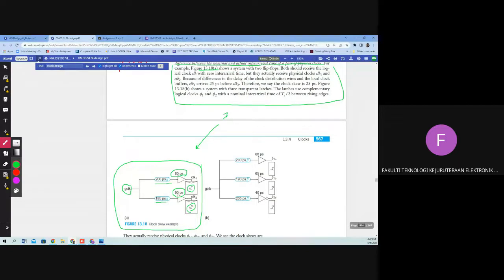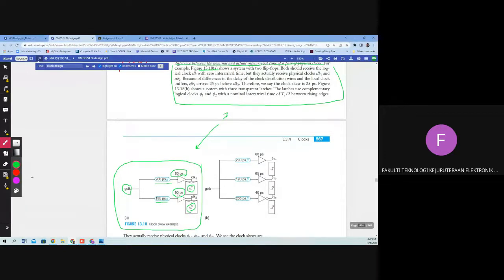So clearly you can see that in terms of the delay of the wires, the delay for the wires for clock number 1 is more than clock number 2. But in terms of the total delay, you can sum them together.